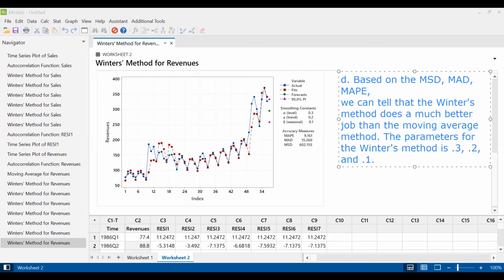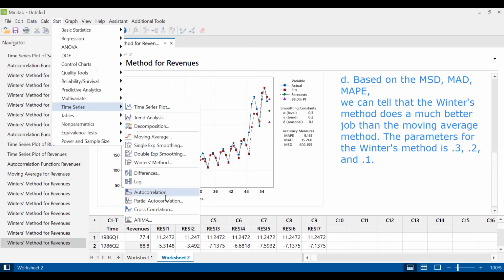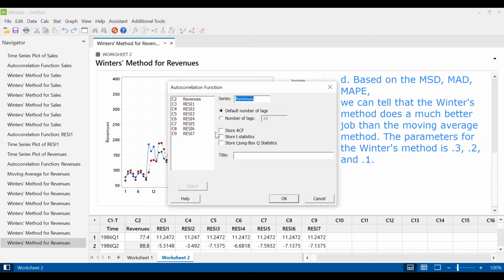Part E, we want to examine residuals. Is the method adequate? So apparently, if we decide Winters method is the best, that's the residual we want to examine. Let's go back to stat and time series. We're gonna do autocorrelation for the very last residual. That's the last model we picked, and that's the one we want to go with.